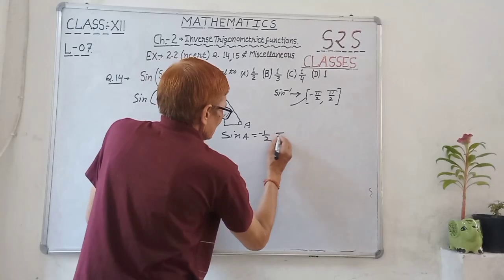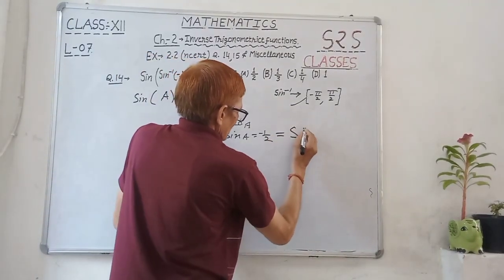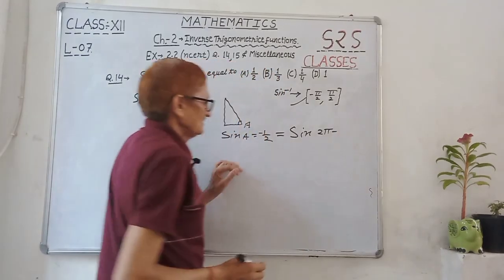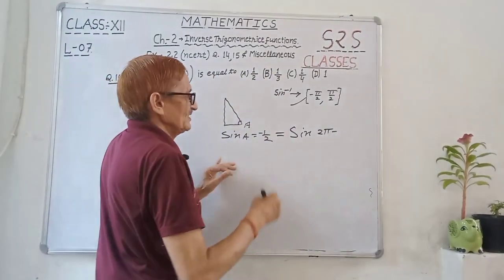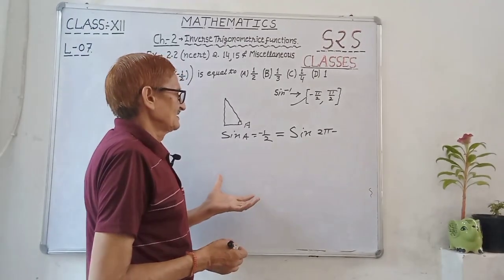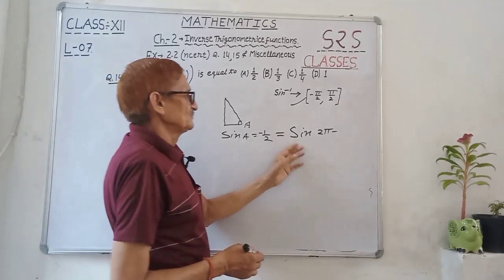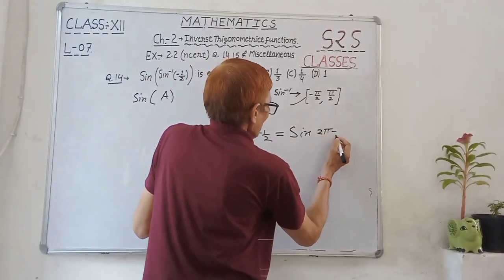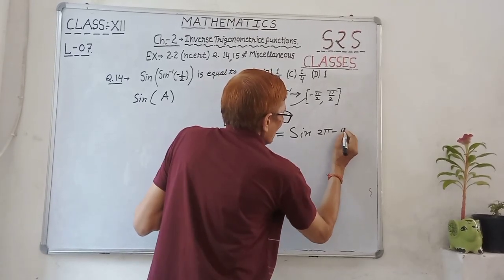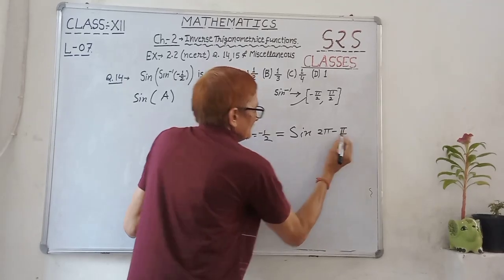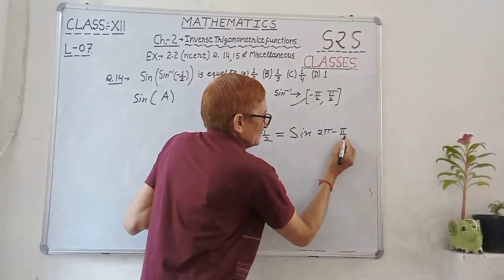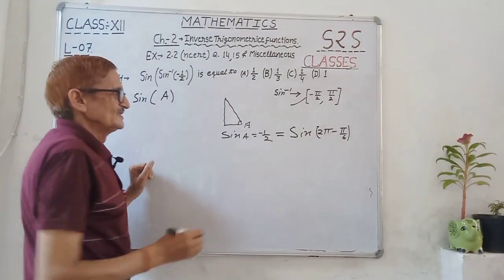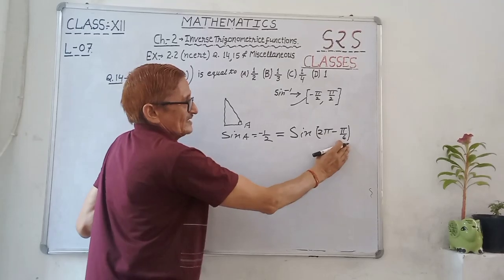Now how can we write minus half as a sine of something? In the fourth quadrant I am writing sine of 2 pi minus theta, and sine of 2 pi minus theta is minus sine theta.